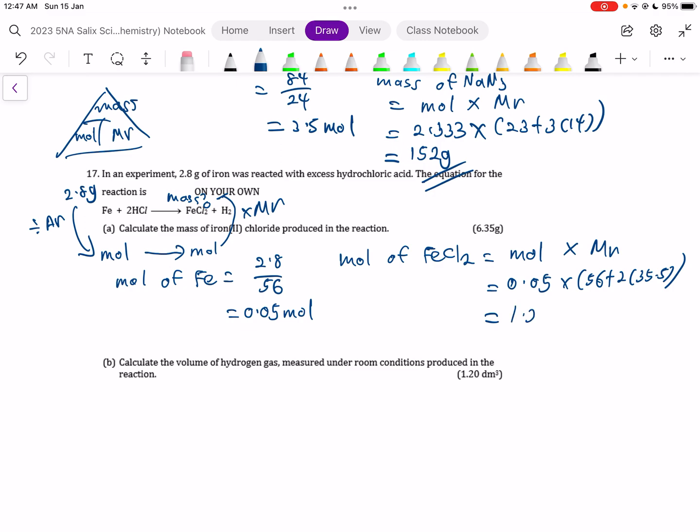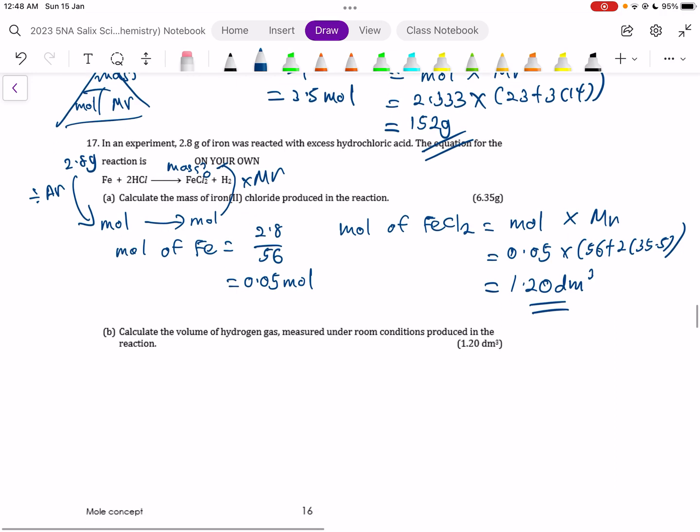So this one is 1.20 dm cube. Okay, then for the next part, you want to find the volume of the hydrogen.